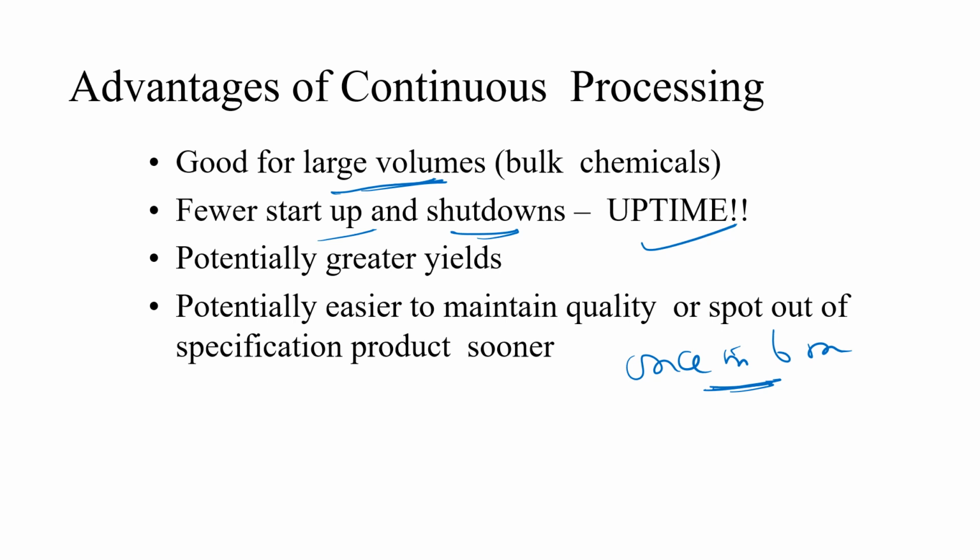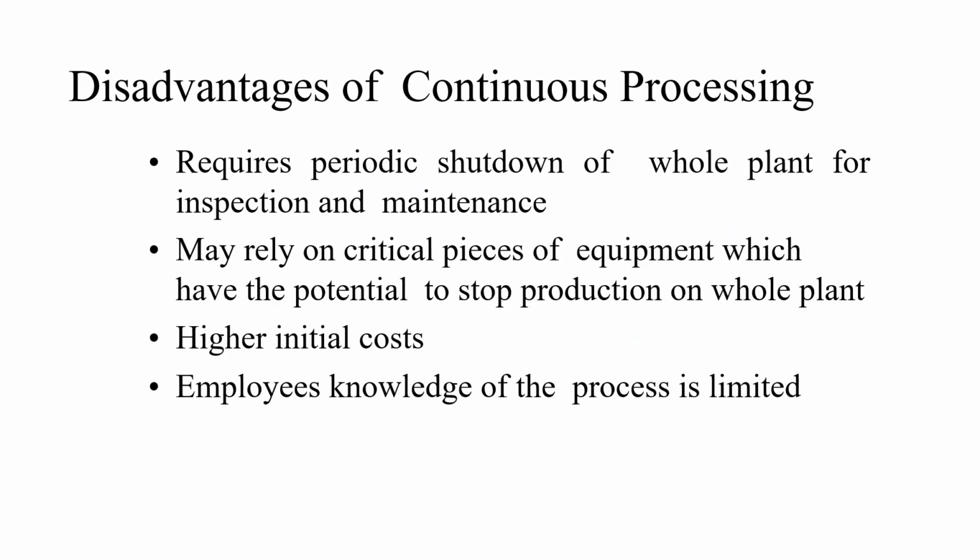Okay, then potentially greater yields, we will get more product. And then it is easy to maintain the quality or spot out the specific product sooner. Okay, so these are the advantages. Disadvantages: since it is a big one, you take nearly 6 months to check whether it is working properly, so sometimes it is problematic.